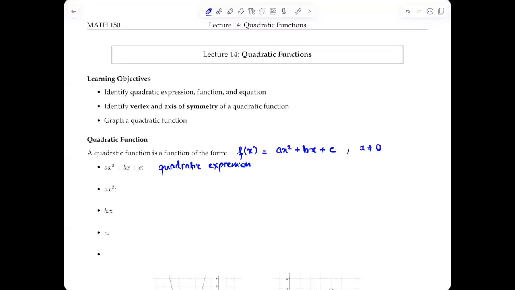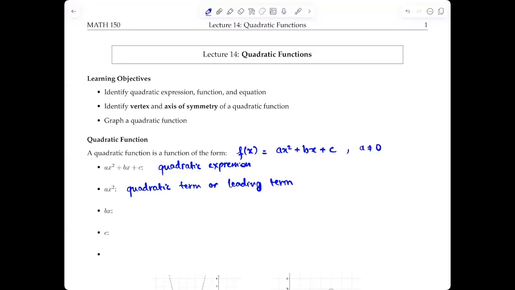Now, if you just look at ax squared, this is called the quadratic term or the leading term. Leading term because this contains the variable x with the highest degree among all the terms in the expression. The quadratic term because again this contains a square. The next term, bx, is just the linear term.